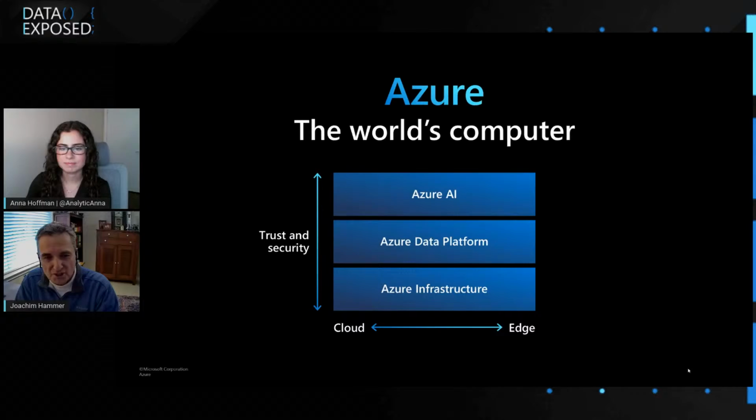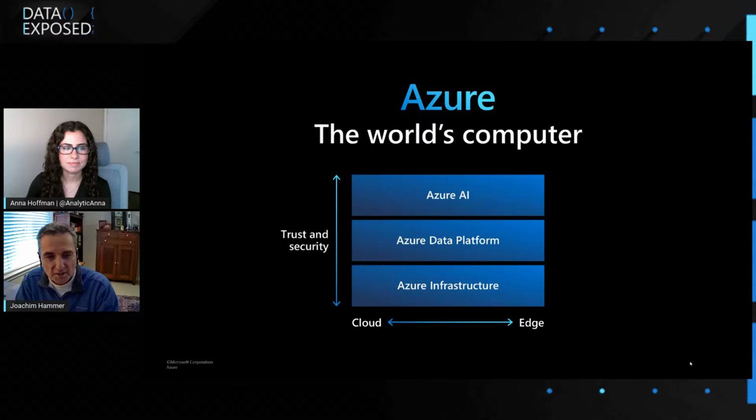This is where SQL, Cosmos DB, Synapse are. And then we have a rapidly growing layer broadly called AI, artificial intelligence, and these are features and tools like machine learning, cognitive services, bot services, and so forth.